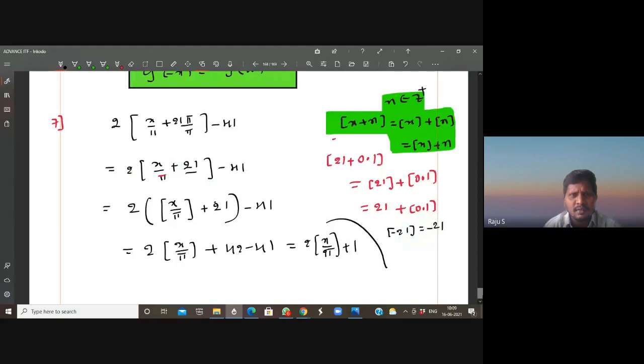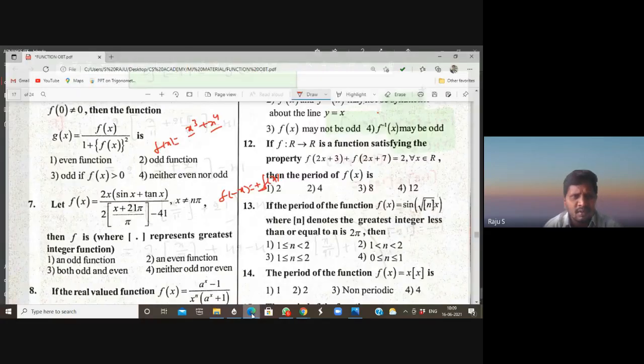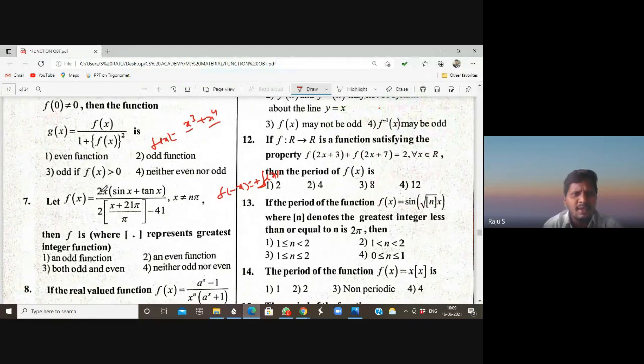Now I want to replace this value in the given function. So what is the function they have given? When I replace x by minus x here, 2 into minus x sine x plus sine of minus x tan of minus x.